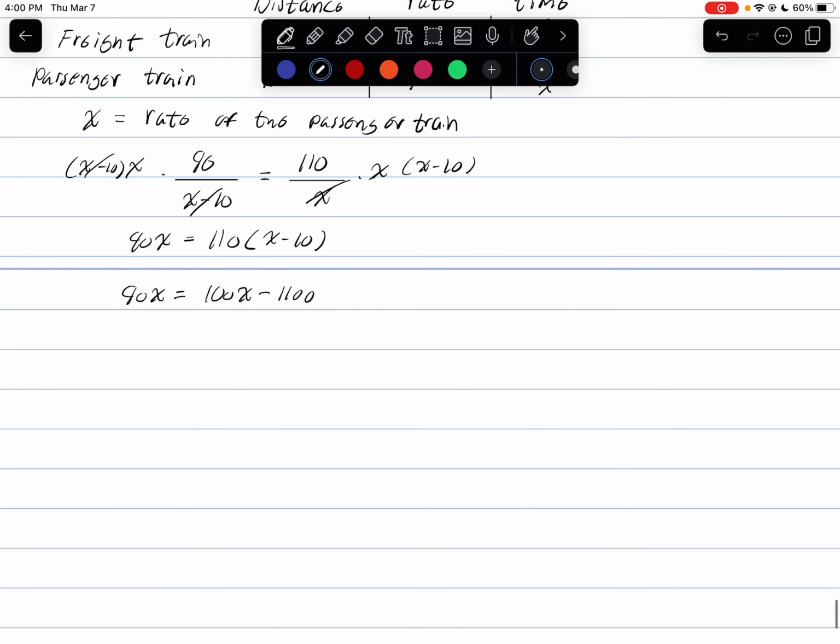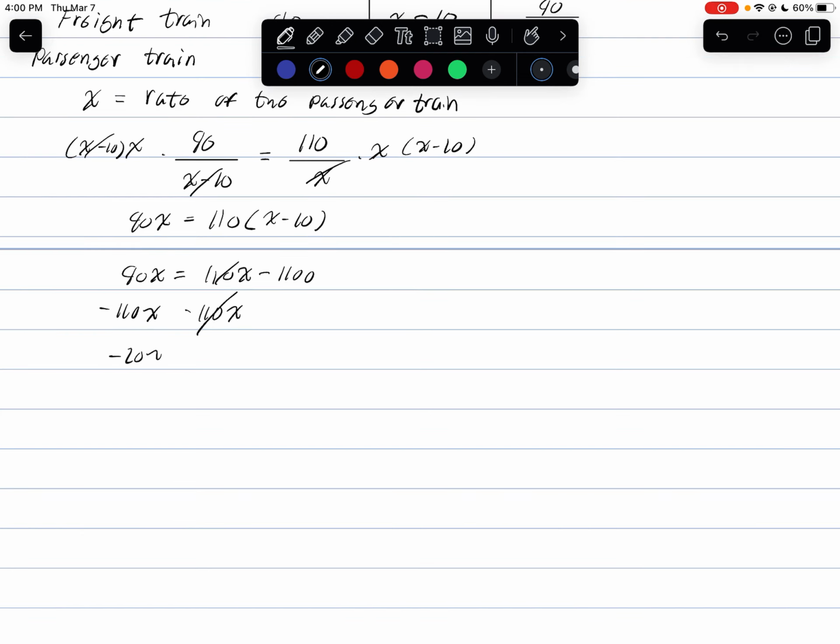Now we can take away 110x from both sides, and we get negative 20x is equal to negative 1,100.